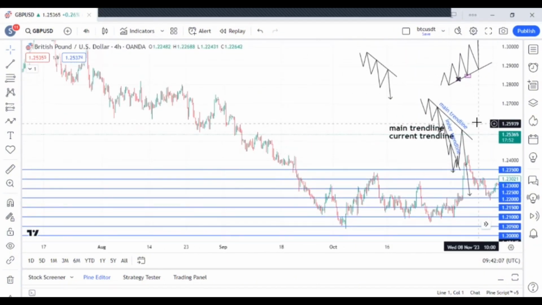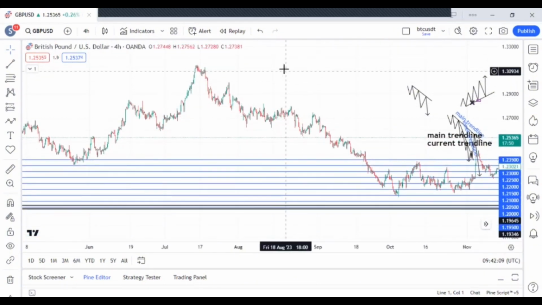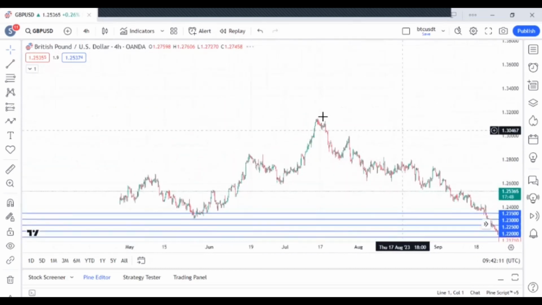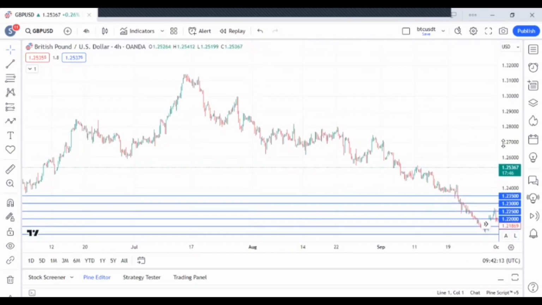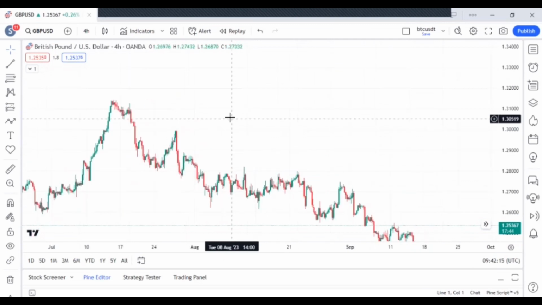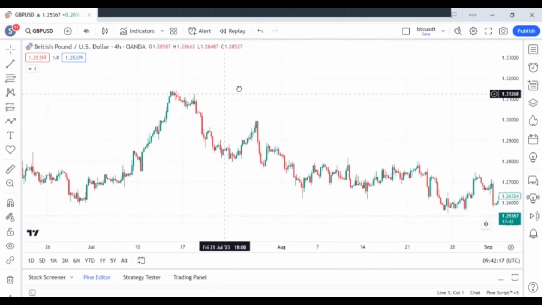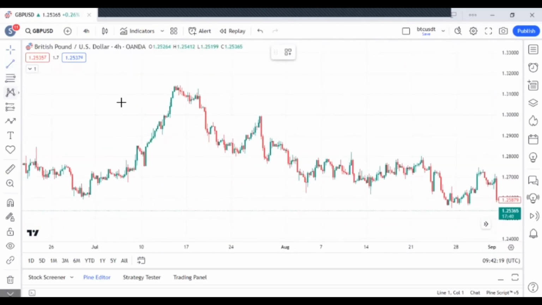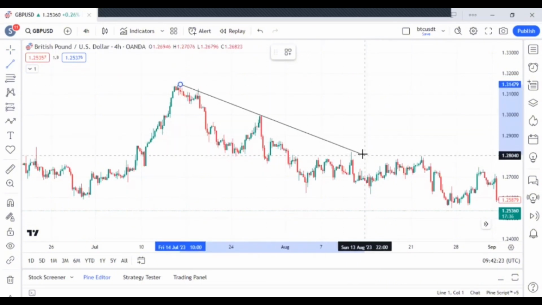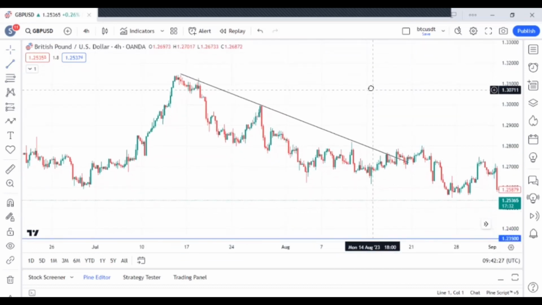Okay, I like starting from the top whenever I want to draw my trend line. So let's take this as an example. Let's say you pick a trend line from this top right here. These are from the 4 hour time frame.